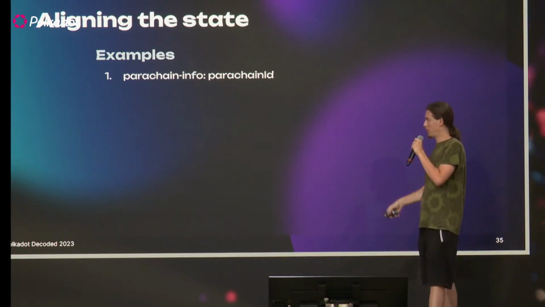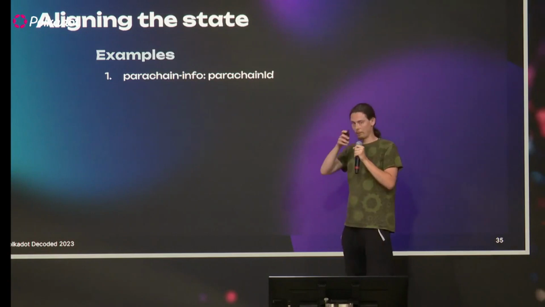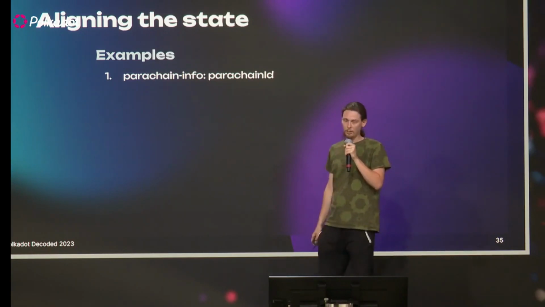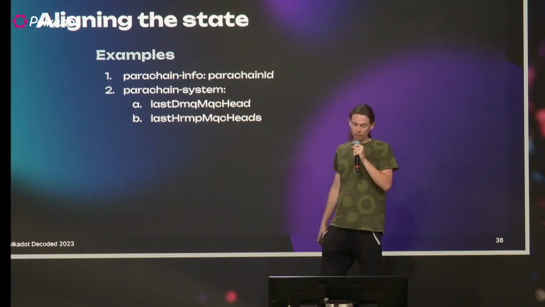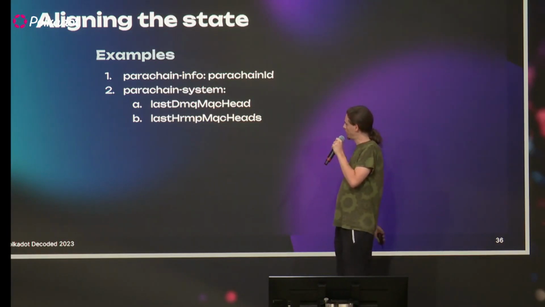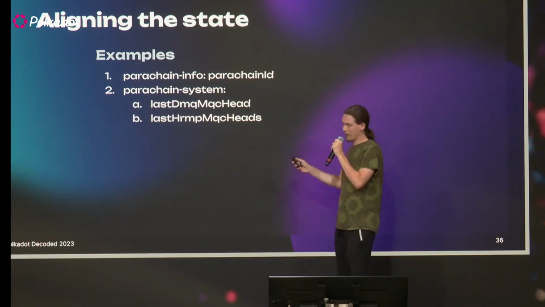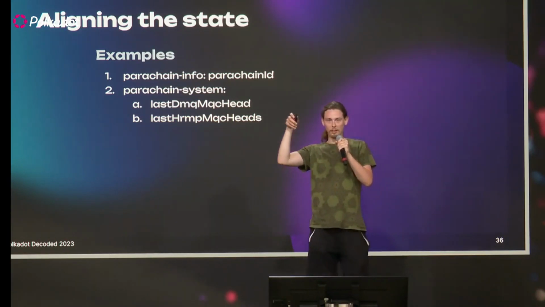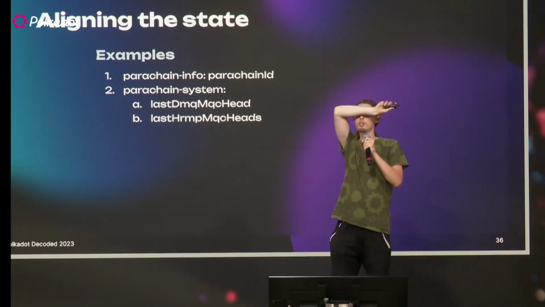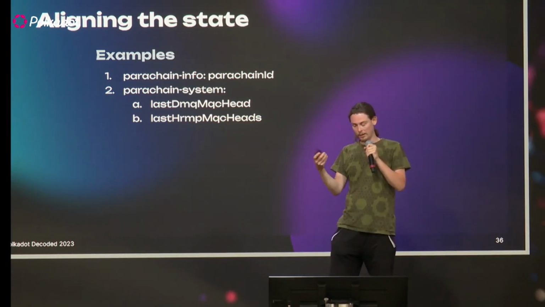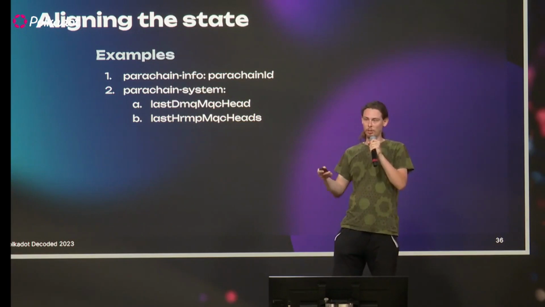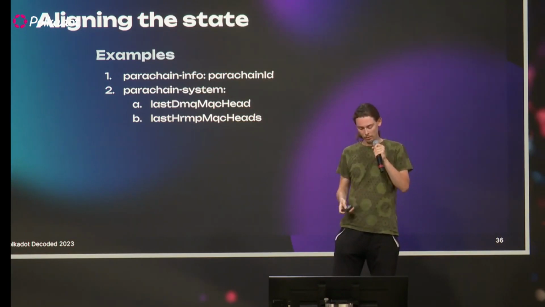But some things that you always have to consider are the parachain ID in the storage within the parachain info pallet. You have to look into the last downward message queue head and then the HRMP message queue head. Both of those variables contain hashes that represent the latest state of the XCM interactions, and they have to be equal on parachain and relay chain.